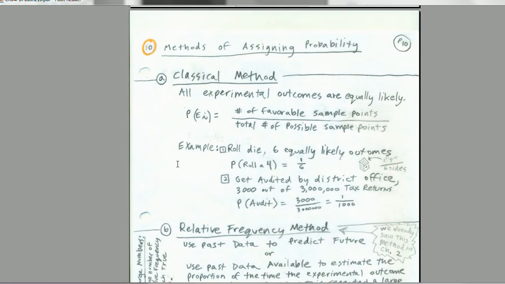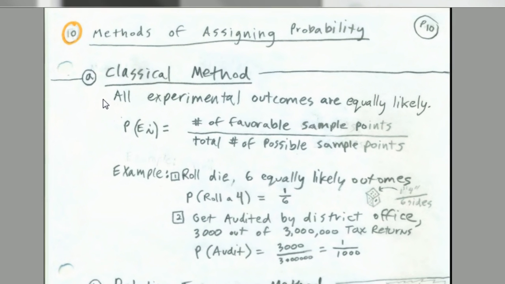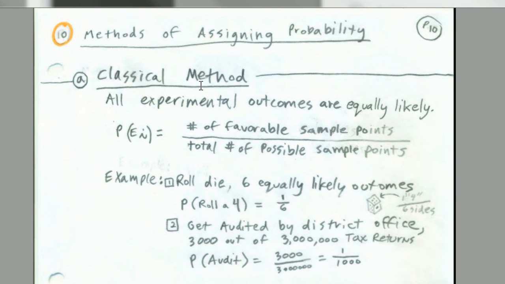Now, methods of assigning probability. 3 basic methods. The classical method, that's like flipping a coin or rolling the dice. All experimental outcomes are equally likely. That's the definition of our classical method. In that case, we can simply count the number of favorable sample points, like dice add up to 7, and divide by the total number.